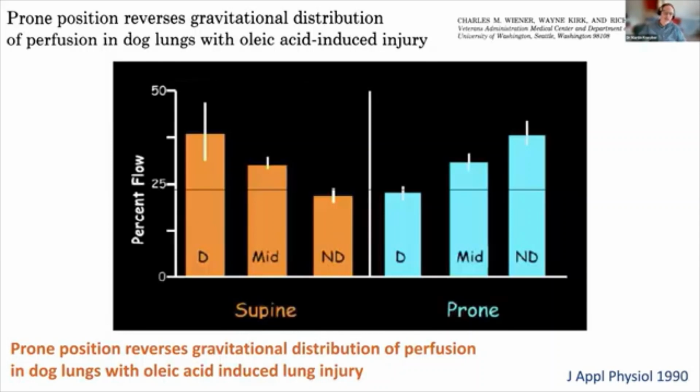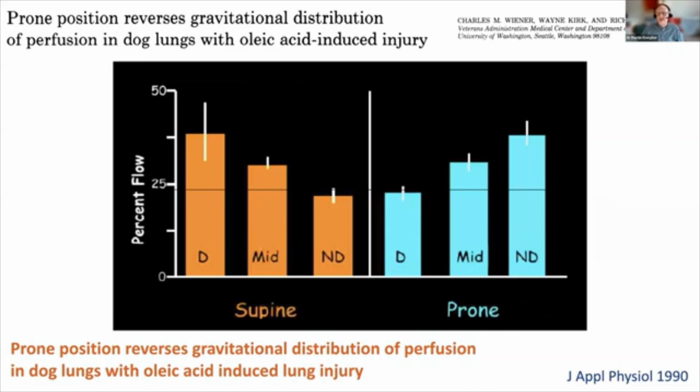And it's not only the shape matching and the distribution of the transpulmonary pressure and the tidal volume, but it's also the perfusion. So this is an animal study where animals had lung injury induced by oleic acid, which is a really aggressive substance to cause lung injury.